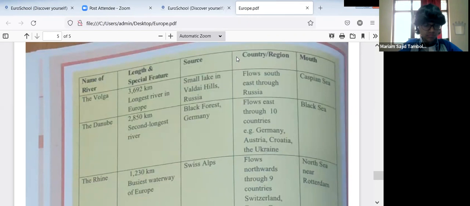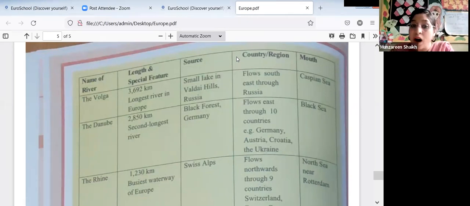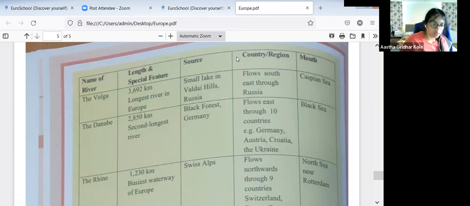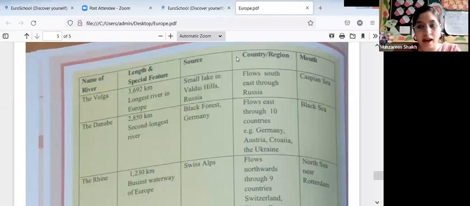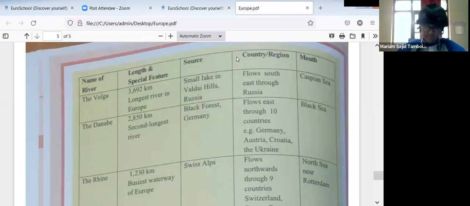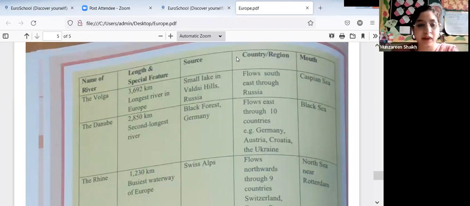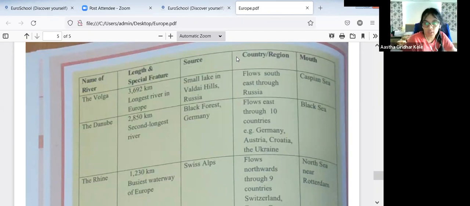A small lake in Valdai Hills in Russia. Which country does this river flow through? It flows southeast through Russia. And the mouth? The Caspian Sea. I hope you understood the first river, the longest river of Europe.